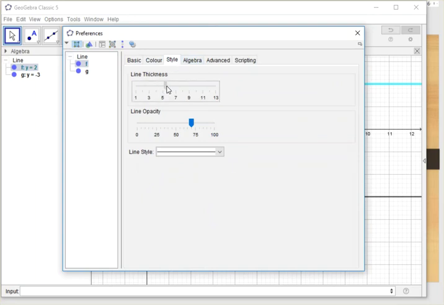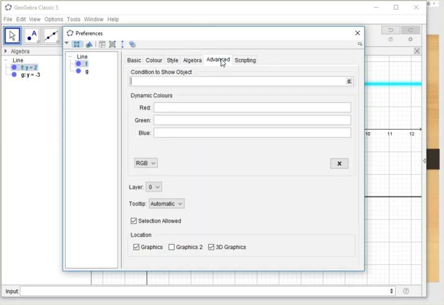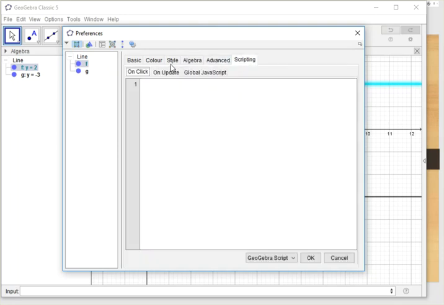You can make it thicker if you want to. Equation in that form, that form. There are different forms that you can play around with. Let's go that one. And I'm not so sure about these two.